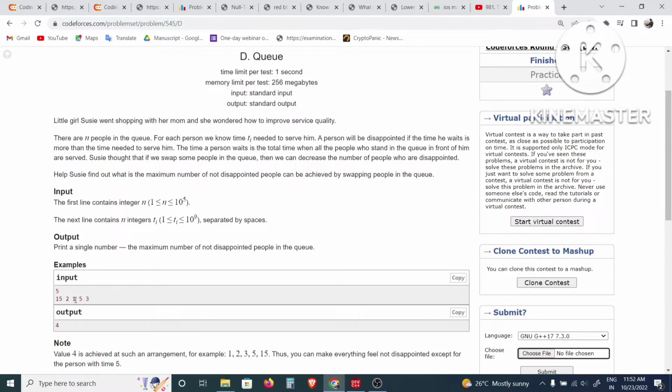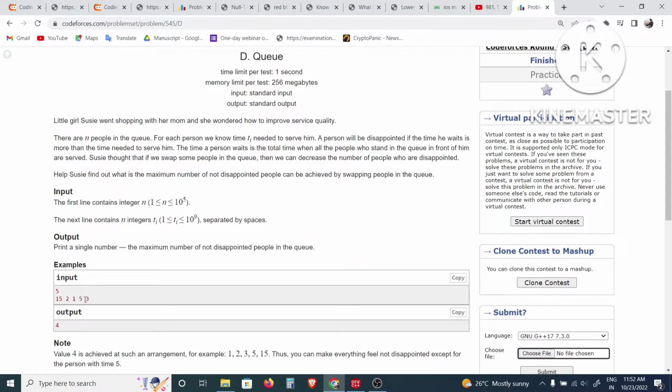for the first element the time taken is 0, and for the second one the time taken is the first value, and for the third one it is the sum of these previous two, and the fourth one is the sum of the previous numbers. So basically this is the time that a person can wait.